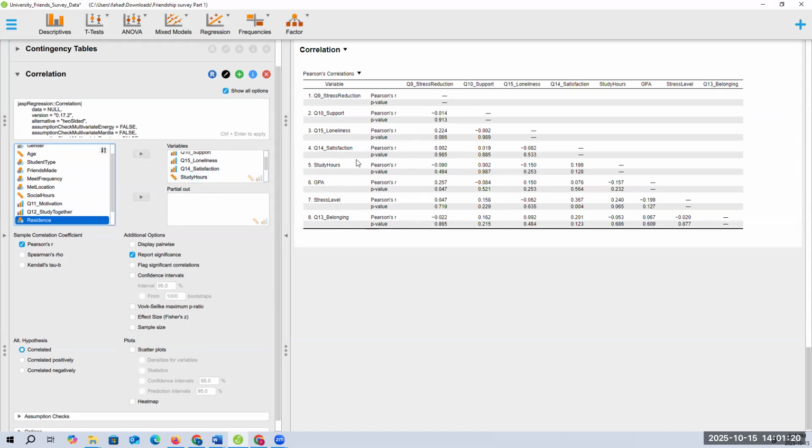So where do we see our significant Pearson R? This is a good way for me to explain. Let's say you're looking at loneliness and satisfaction on one X and Y. This is our X and this is our Y, and you get these dots. We have 60 participants here.